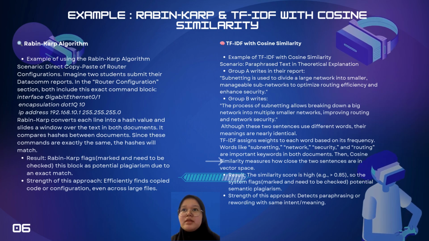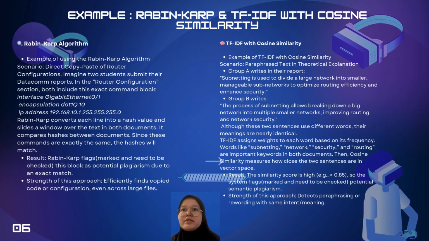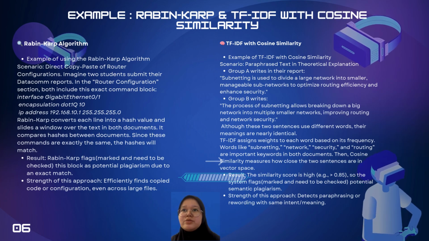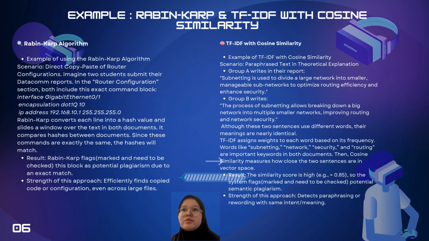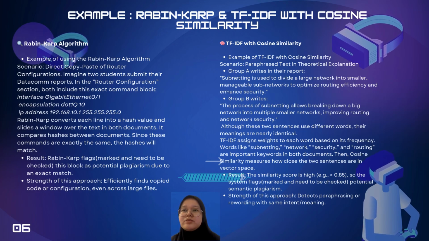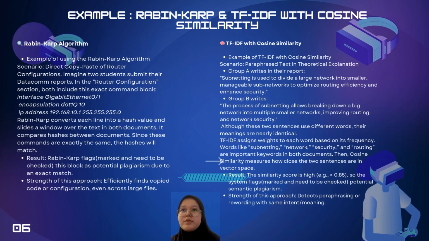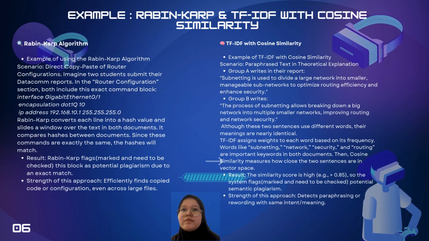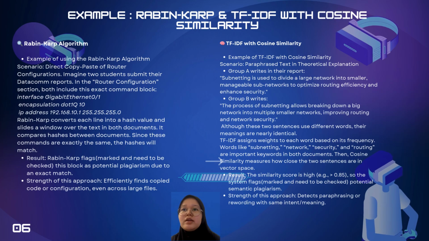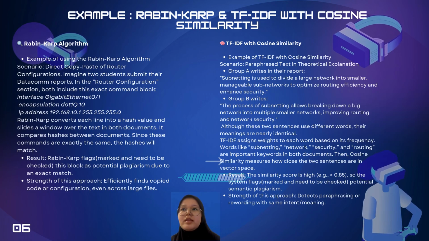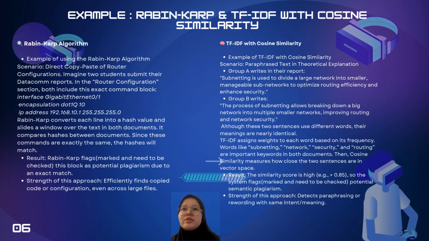For example, they both use interface GigabitEthernet 0/1 followed by encapsulation dot1Q 10 and then IP address 192.168.10.1, 255.255.255.0.